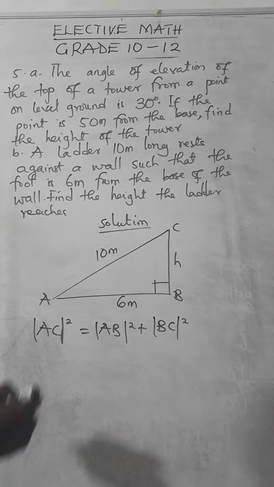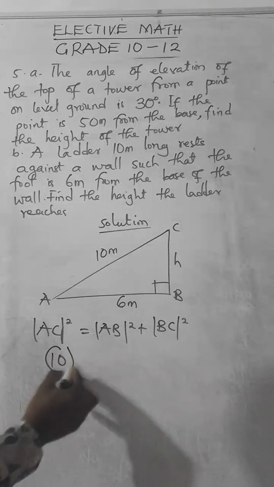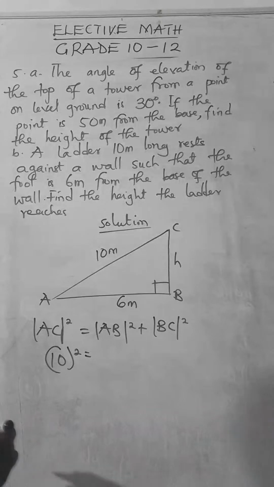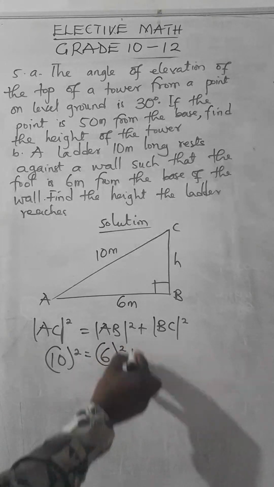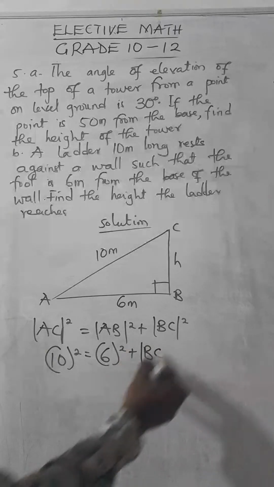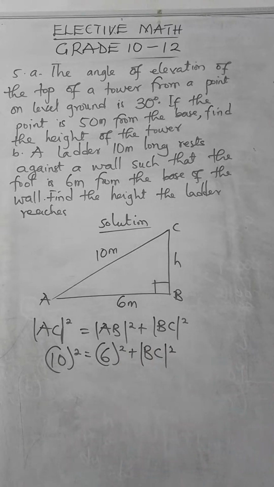So AC is 10 squared, then AB is 6 squared plus BC squared.